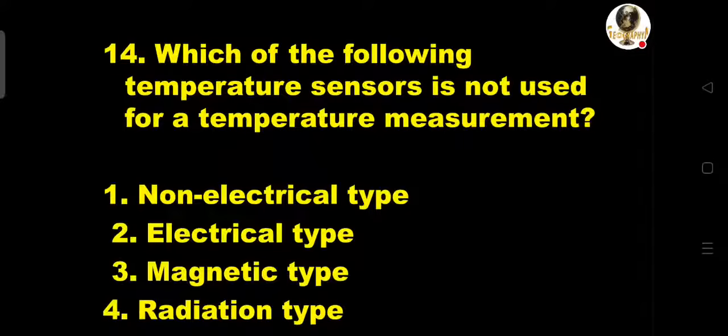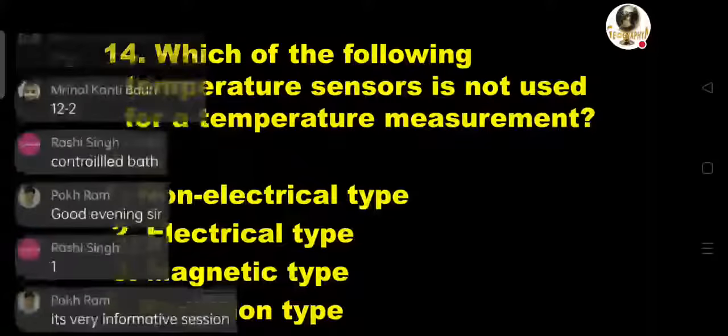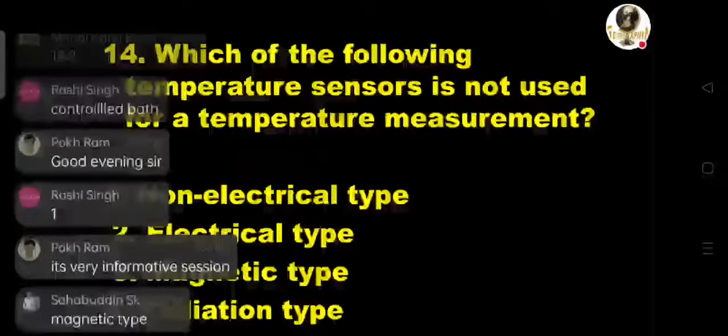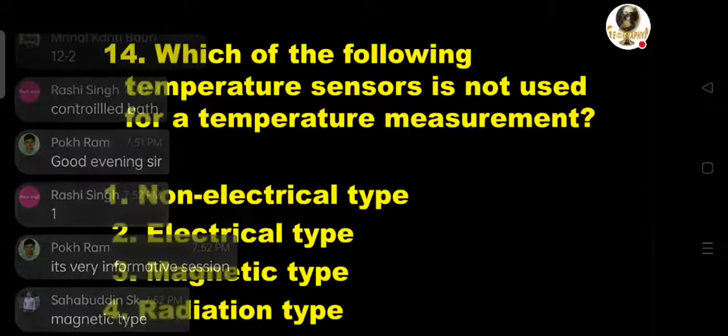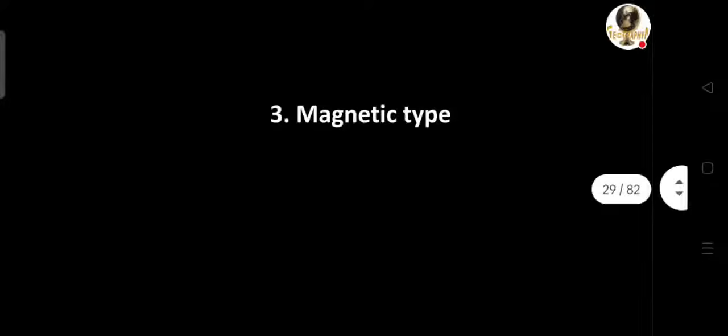The non-electrical type, electrical type, and radiation type are usually used to measure temperature in fermenters. So the correct answer is magnetic type.